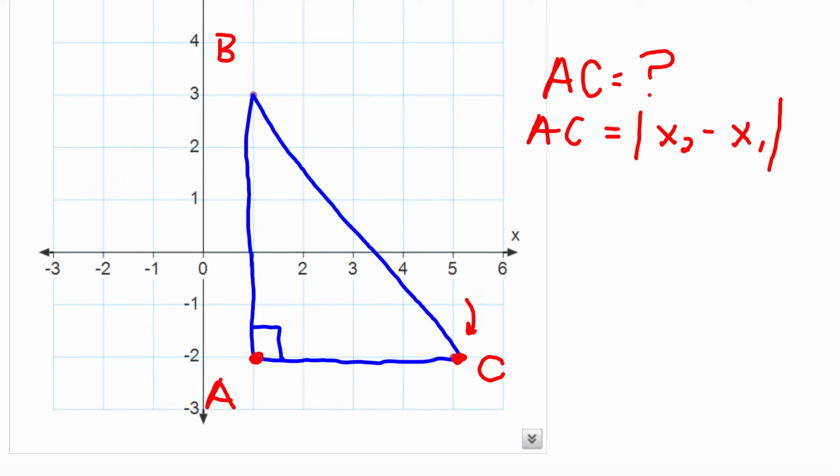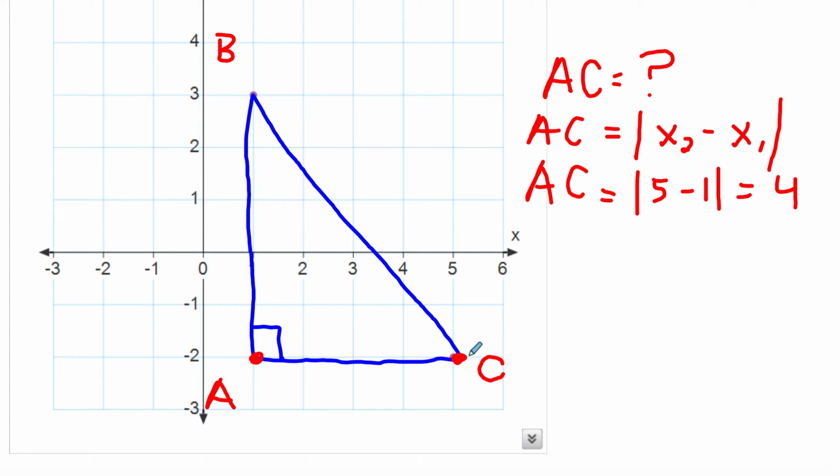So once again, I'm going to take both of those away. And so we could actually do that, right? We would find that AC here is, the x-coordinate here would be 5, and the x-coordinate here would be 1. So AC is 5 minus 1, and it would be 4.